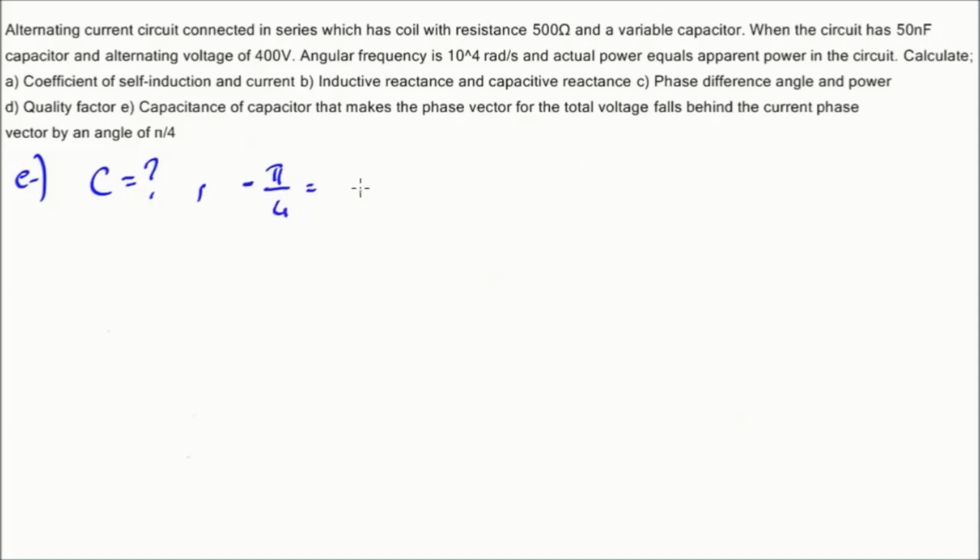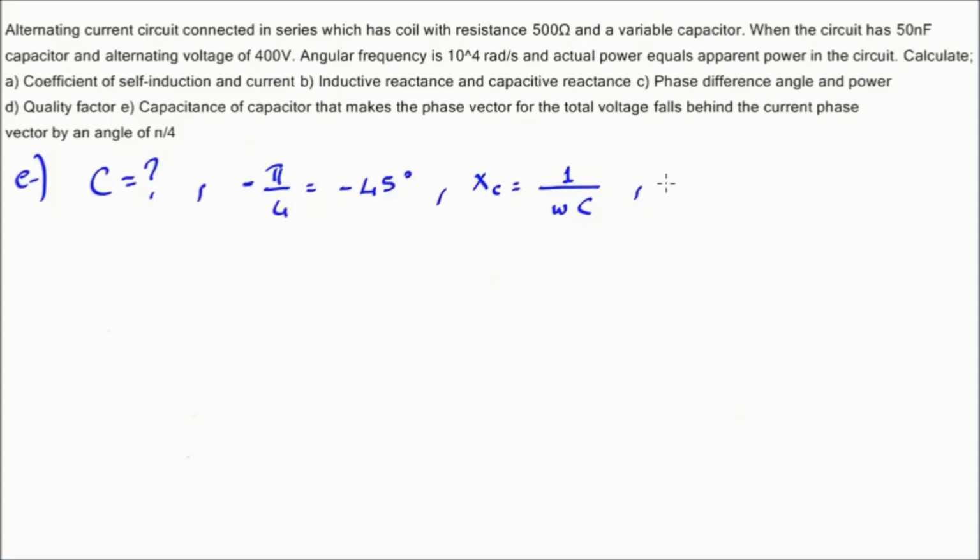Minus pi over 4 means minus 45 degree. And how can we calculate the capacitance from the XC? X equal 1 over omega C. So first of all, I have to calculate XC.